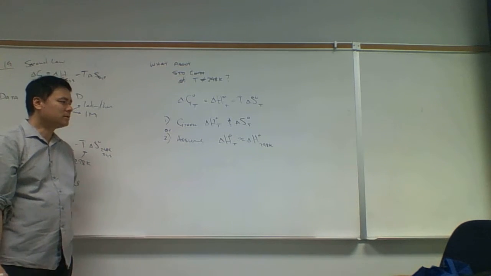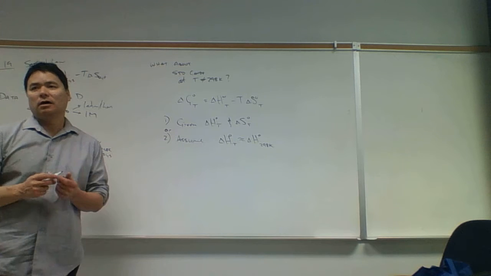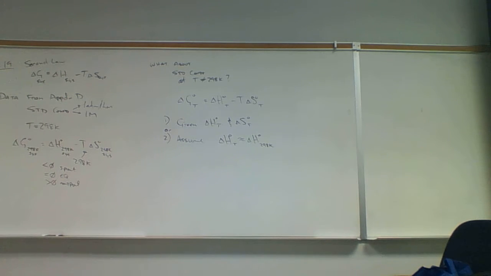Now, this assumption is reasonable because, I don't know if I mentioned this the other day, when we're looking at delta H of vaporization at room temperature, we have room temperature water and room temperature gaseous water, or water in the vapor state. The delta H of vaporization is converting the liquid water into the gaseous water, but both are at 298 Kelvin. If we increase the temperature, let's say to 50 degrees C, then we have water at 50 degrees C, but we'll also have the vapor at 50 degrees C. And so when we do that delta H, converting the liquid into the vapor state, it's about the same.